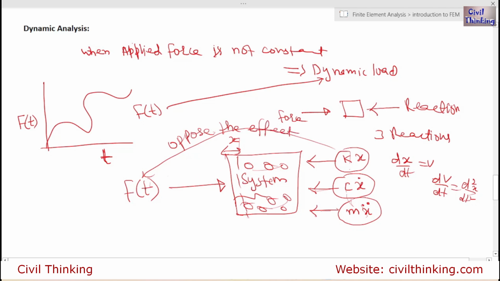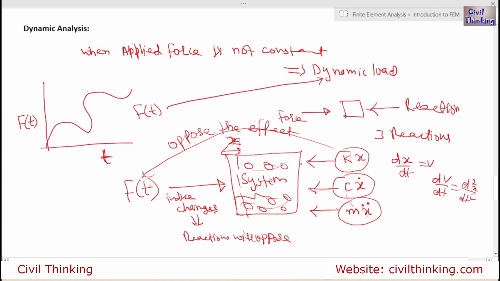Because f of t will change things here, and these reactions, because of the inertia, will oppose those changes. What are those changes? The external force is going to maybe compress this body if this is fixed, or displace it. There will be one reaction, which is kx.